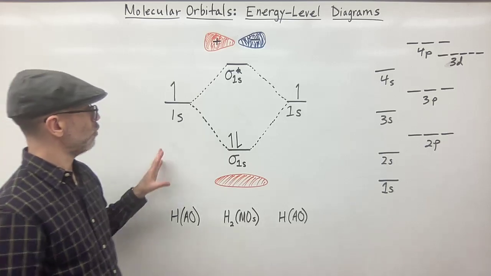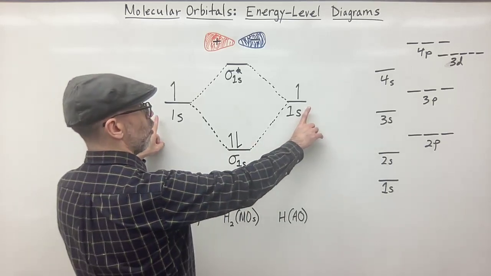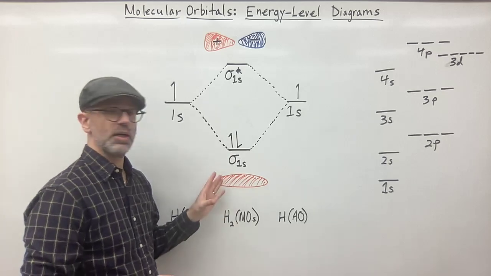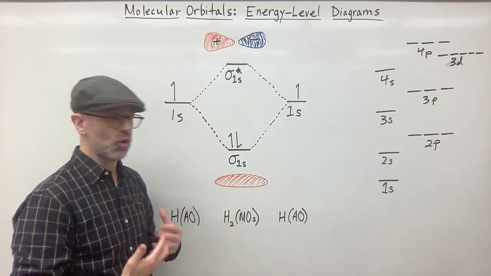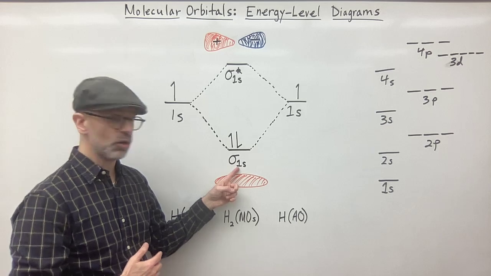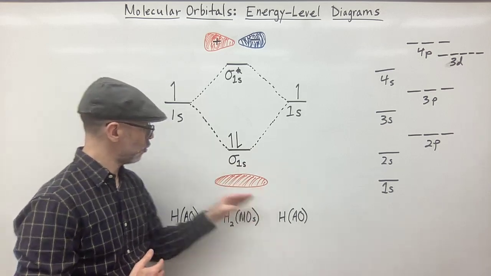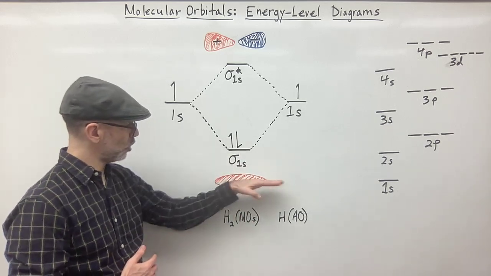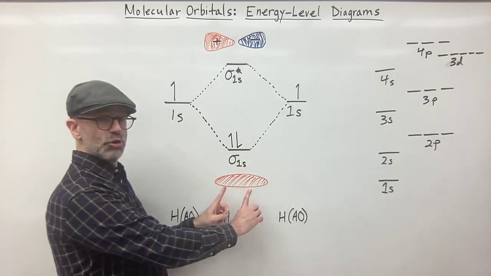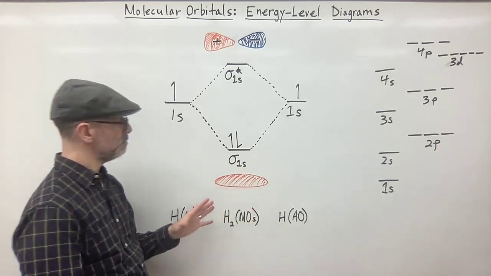Okay, so remember, you get your 1s orbitals. These s orbitals are going to form the sigma 1s molecular orbital. And again, that's a molecular orbital along the internuclear axis. We have two nuclei here.